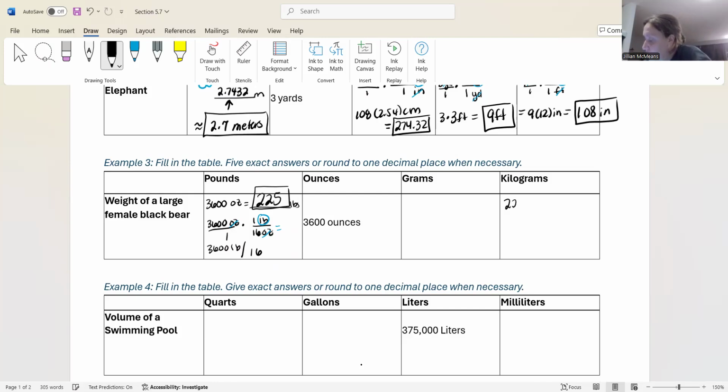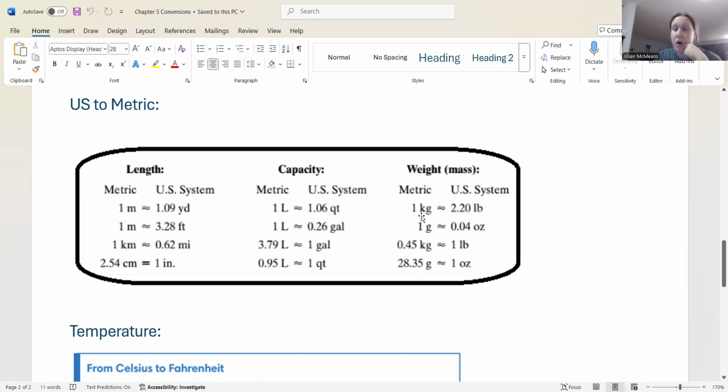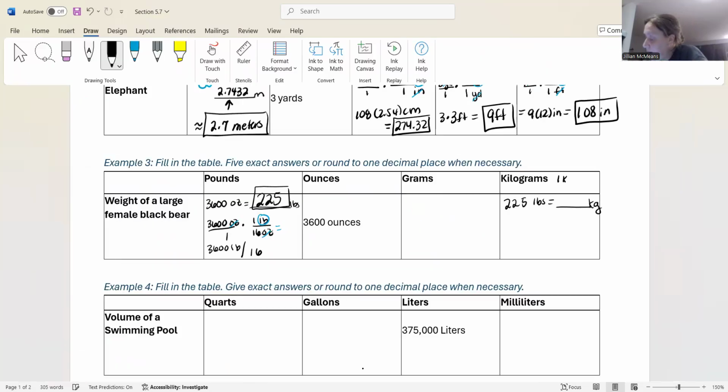So let's go to our conversion sheet to find a conversion that relates pounds and kilograms. On our conversion sheet, we're going to go to the US to metric part and look at weight. And I can see here that 1 kilogram is approximately 2.2 pounds.